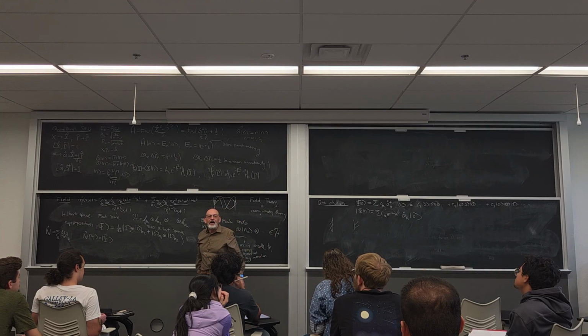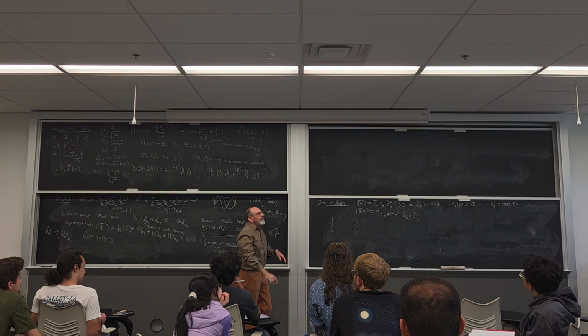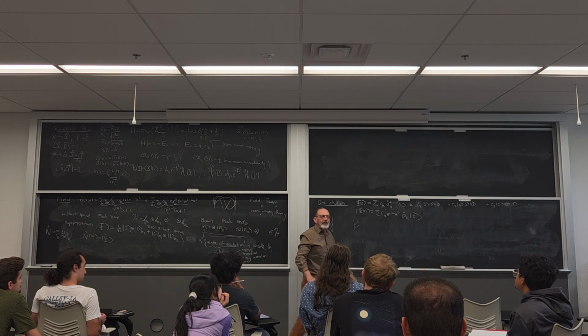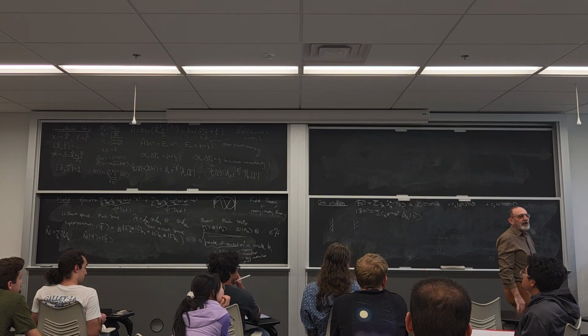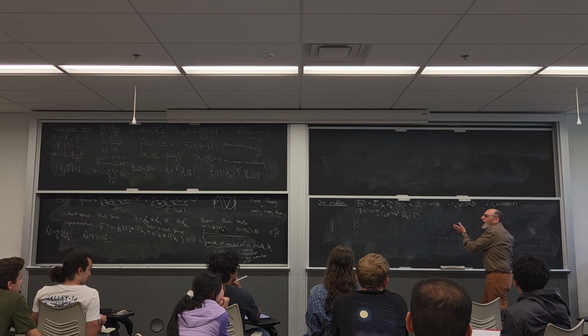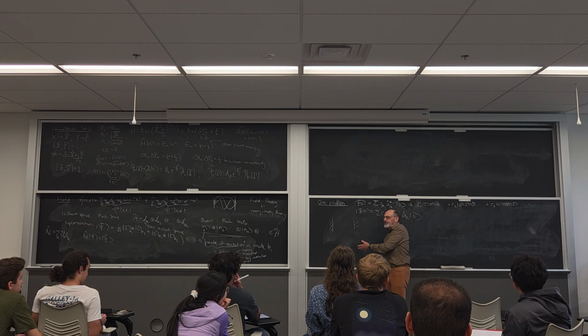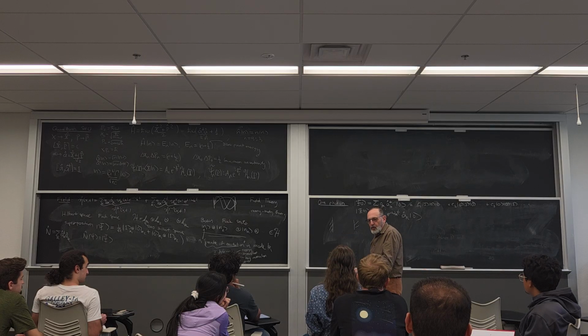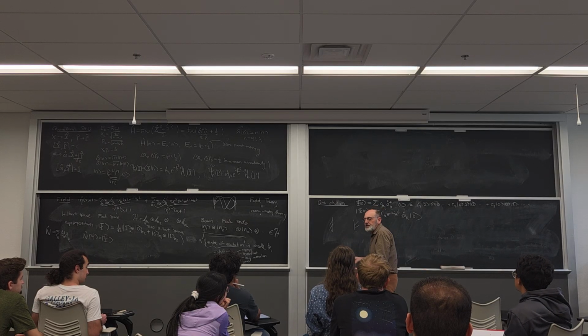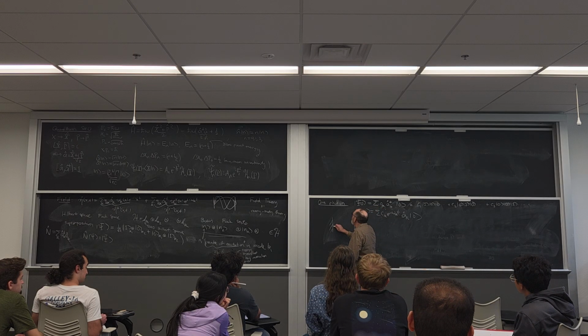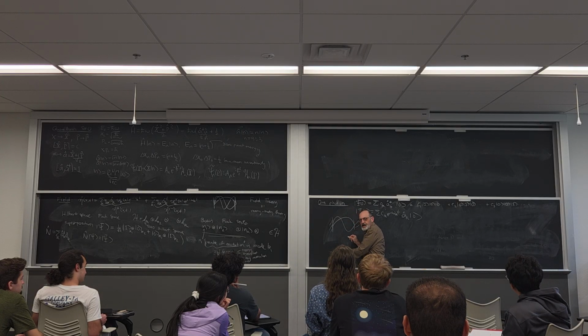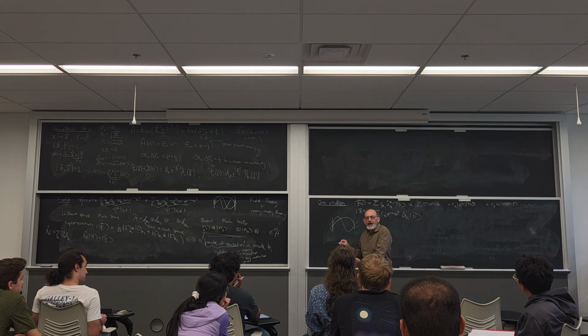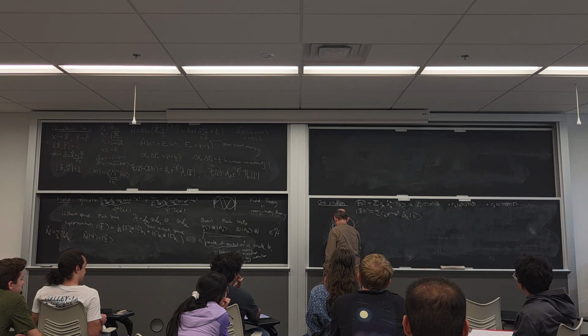You don't know anything about a's and a daggers. Go back to your sophomore year of undergraduate, and you say, I have a particle in a box. How would you solve this problem? You write down the Schrodinger equation. There's a Schrodinger wave equation. You would then probably say, well, there are energy eigenstates associated. These are the energy eigenstates of the system. And you say, oh, there's a wave function.